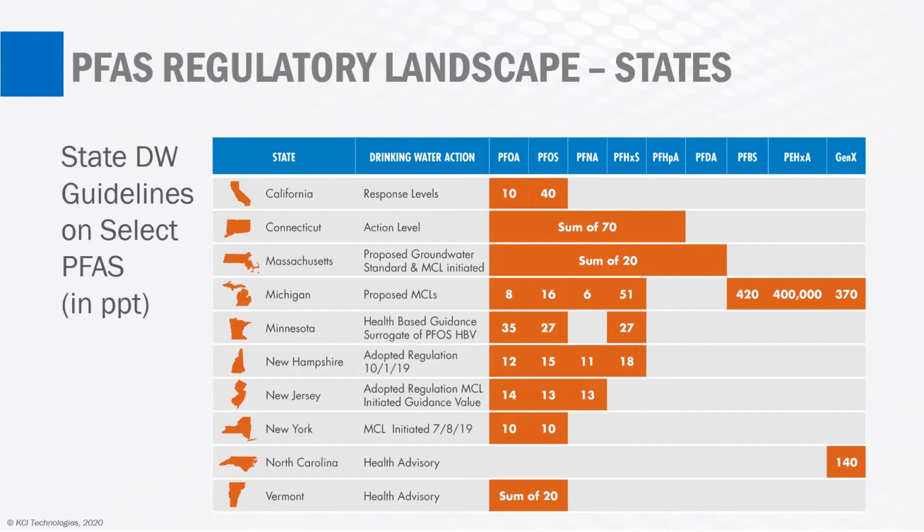And so you can see here that, for example, Connecticut has given a sum of 70, but that's not only PFOA and PFOS, those first two columns, but it's also including some of these other PFAS compounds that are coming under scrutiny. Others, like Massachusetts, have ratcheted that down a good bit, and they've gone down to 20 for the sum of a number of them.